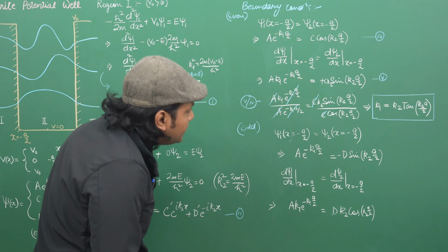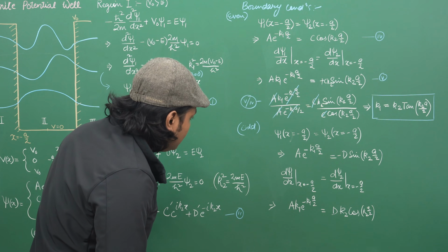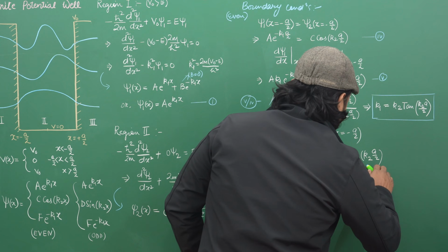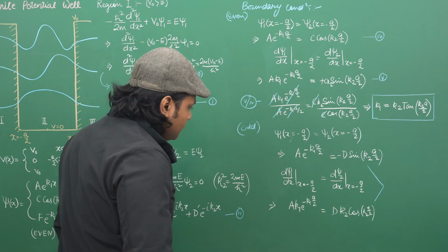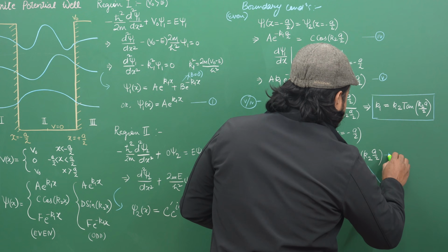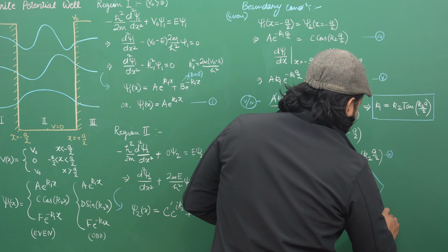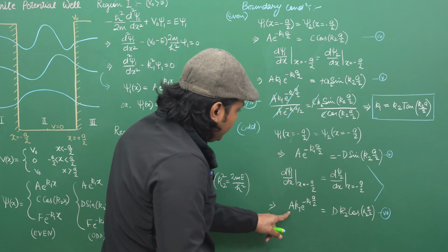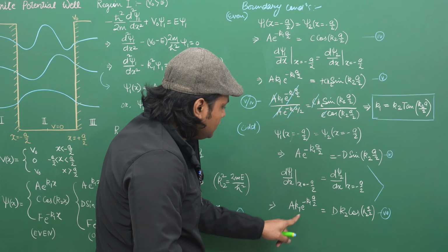Okay, so if I now divide these two equations, let's suppose I say 6 by 7, that should give me, so A and A will get cancelled, the exponential term will get cancelled.